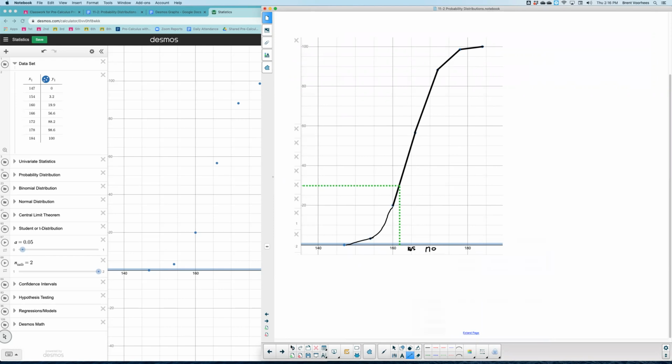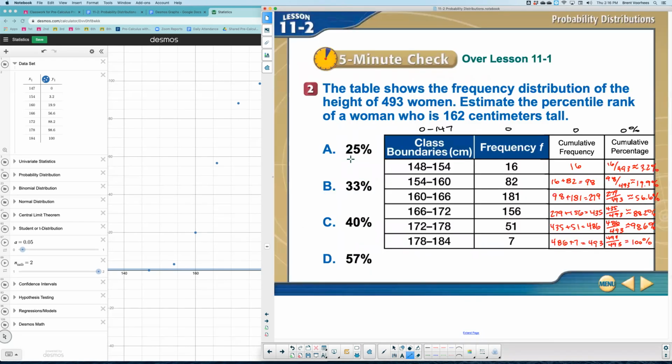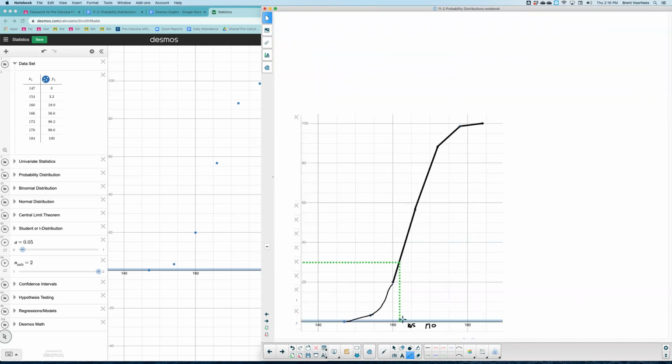So our answer choices, what's a little tricky is that they have two values that are similar, but I know from over here, I would go ahead and say I'd lean towards the 33 as opposed to the 25, just because 25 is way down here. And I don't think that that would be 162.